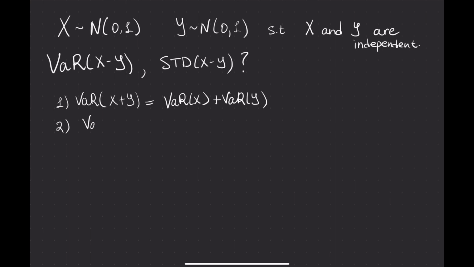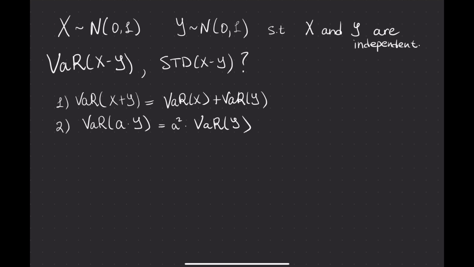The second property tells us that if we multiply a random variable by a constant scalar a, so meaning that we multiply constant a by a random variable y, this is the same as a squared times the variance of y.